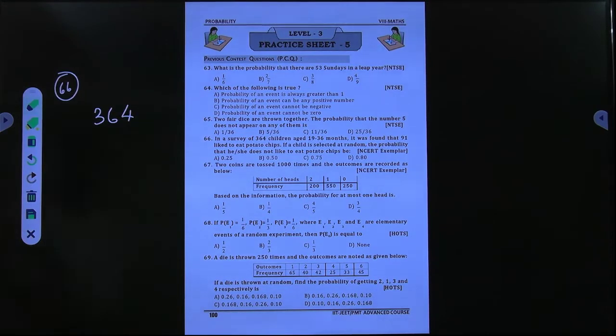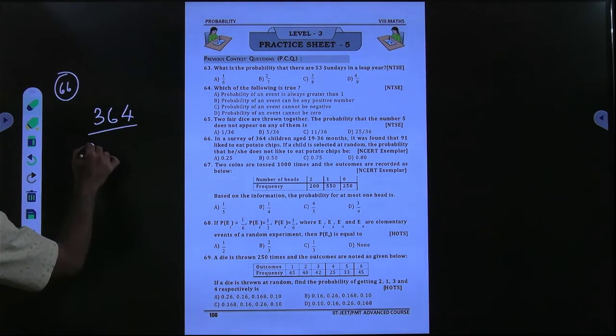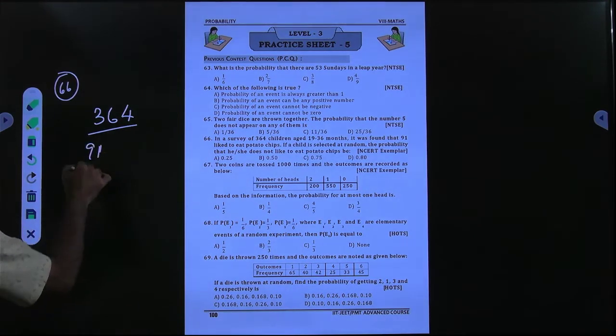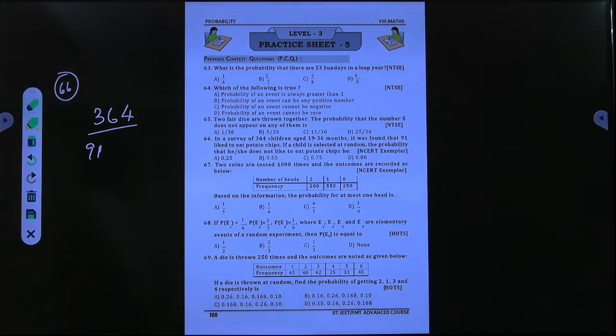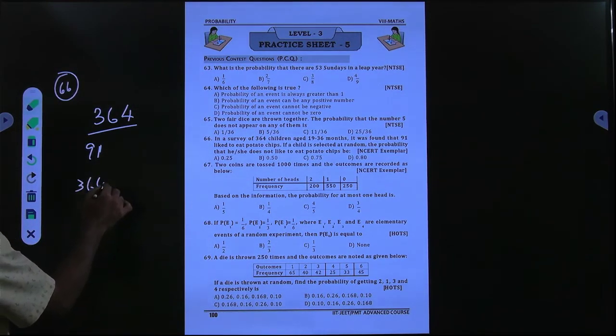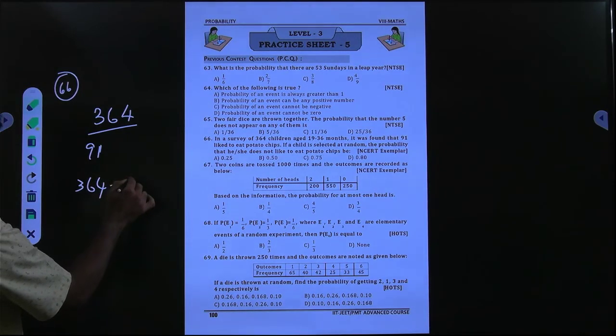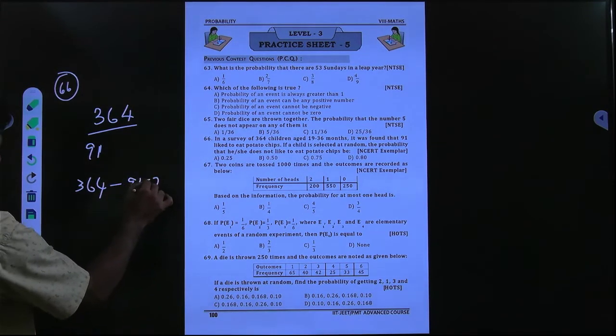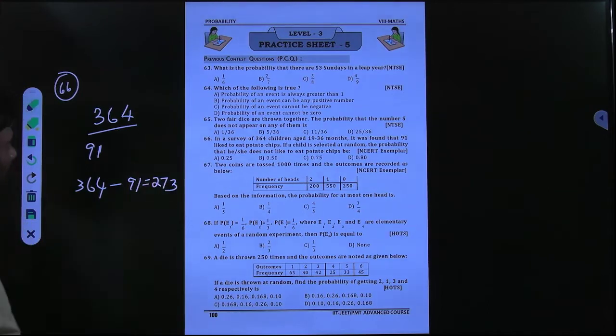Out of these, 91 are interested in eating potato chips. How many are not interested? Total number of children minus the number interested: 364 minus 91 is equal to 273. These 273 children are not interested in eating potato chips.